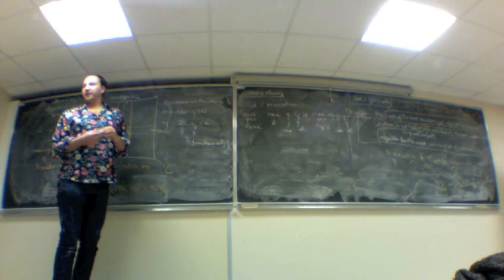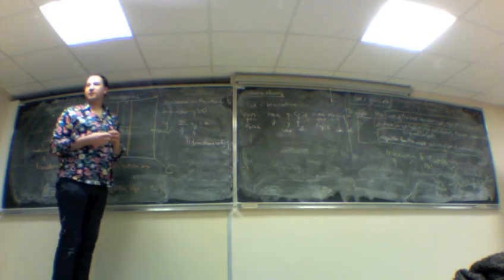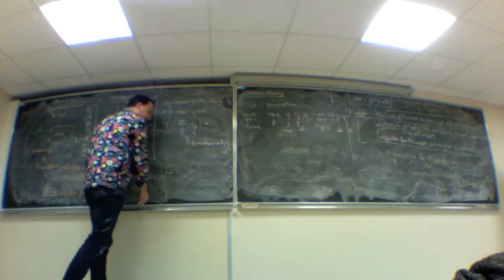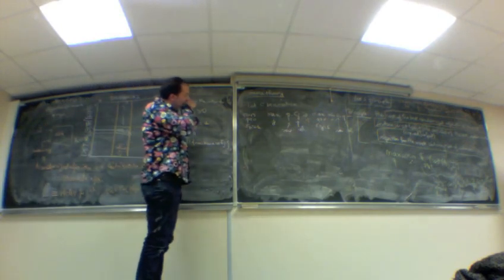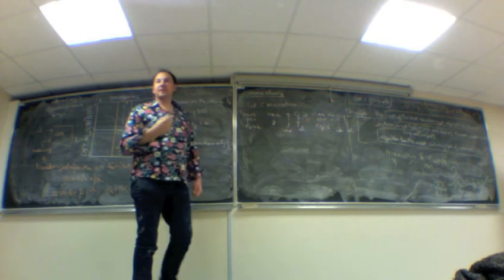Okay, so let's prove it. So in fact, it's quite trivial. Why is it trivial? It's simply because, first, it's true, and second, because I hope that I will be able to prove it. So basically, what does this mean?